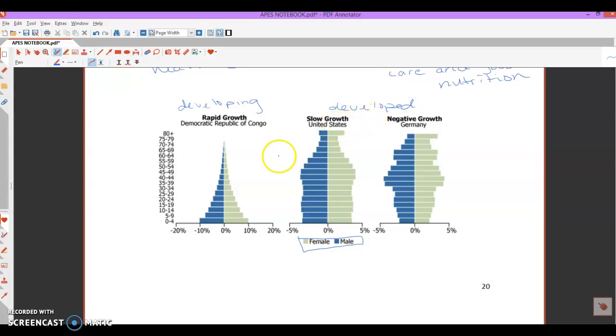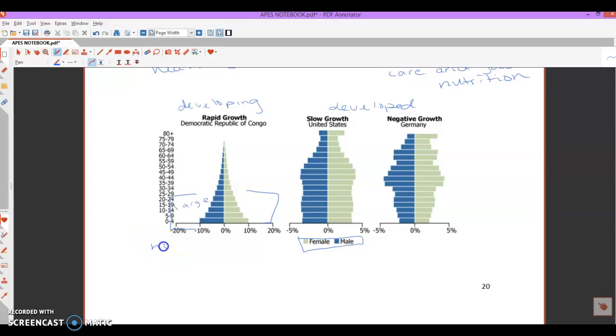You can see that the population pyramids are very different between the two types, developing and developed. In a developing country, we say that the base is very large. So here's our base, and the base is quite large. That means that the majority of the population is younger and within the age of reproduction.